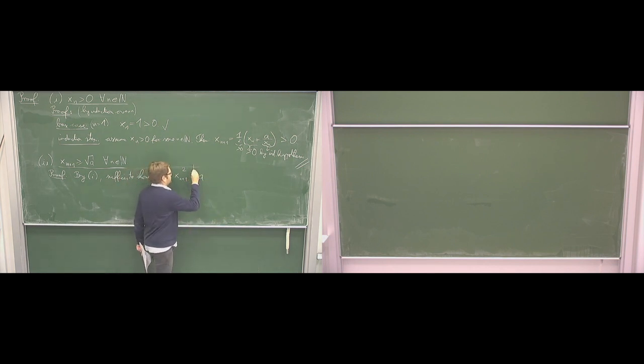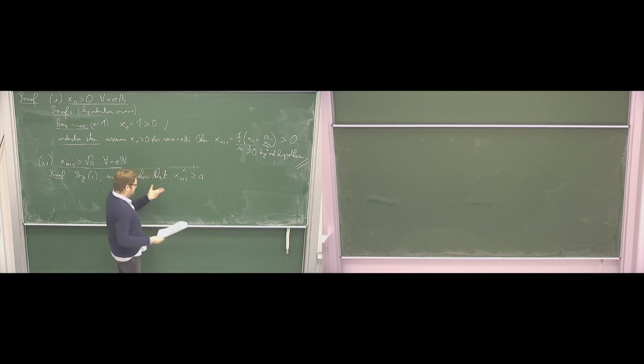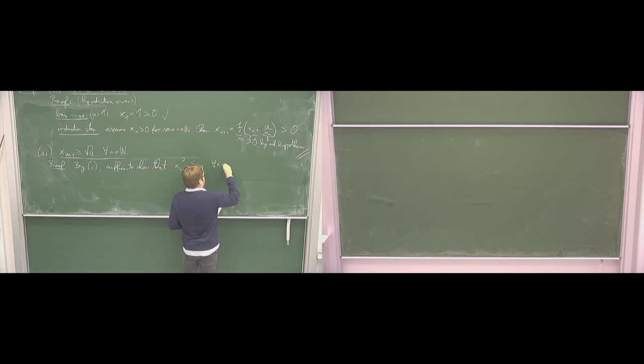This is what we need to show. Because it's a positive solution, we cannot have the difficulty of something negative here, which would revert the inequality. If this is true and the value below is positive, we would get the same inequality for the square roots, as we've seen, and the square root of this would then be xn plus 1. So there are no sign issues at all, so this holds for all n in N.